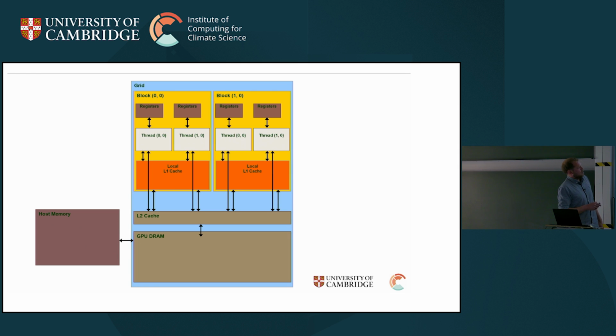So this is the reasonably simplistic view. Sometimes this local L1 cache is used, sometimes it is not. It depends on a number of factors, usually whether or not the memory is read-only, or whether we've explicitly told it to read through that local cache.